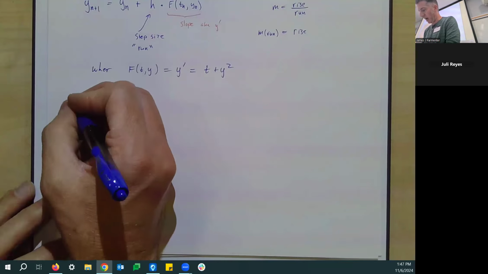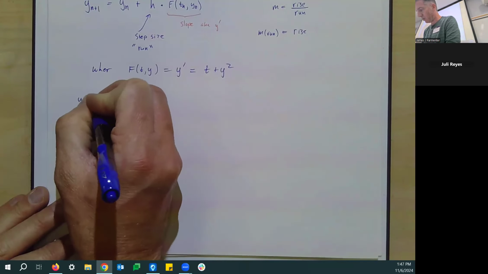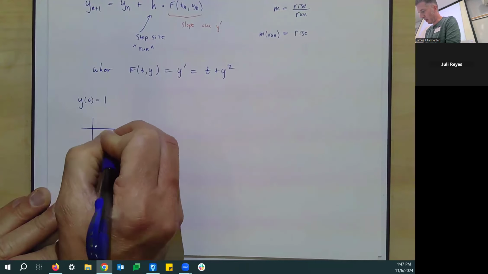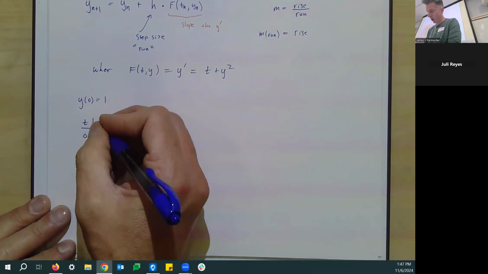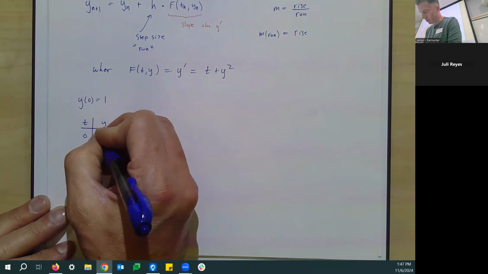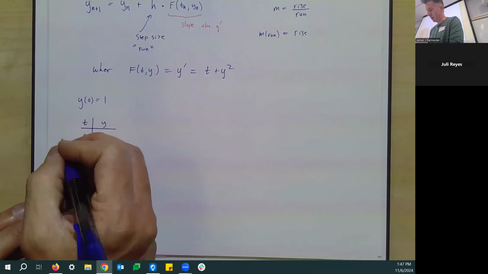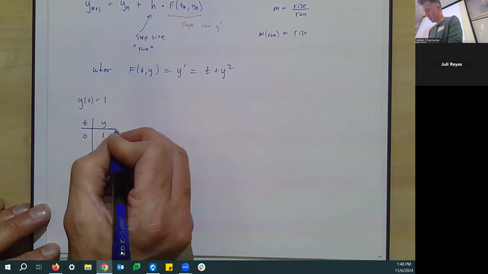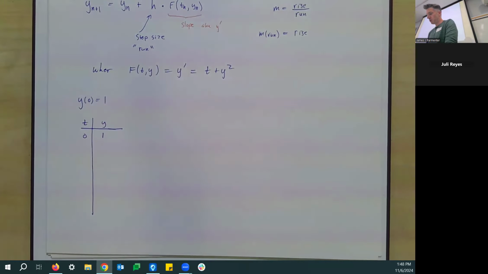Again, we're starting at y of 0 equals 1, or as I would say, a t value of 0 and a y value of 1. So this is my first iteration. All right, let's find the next one.